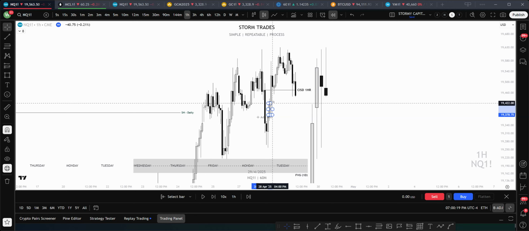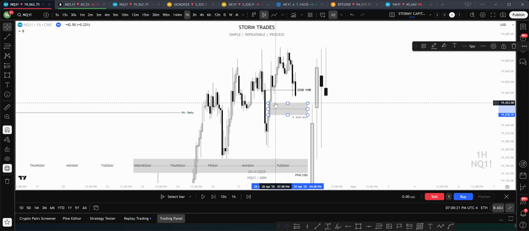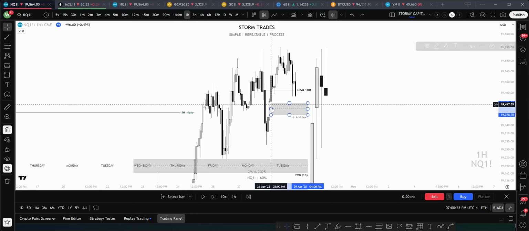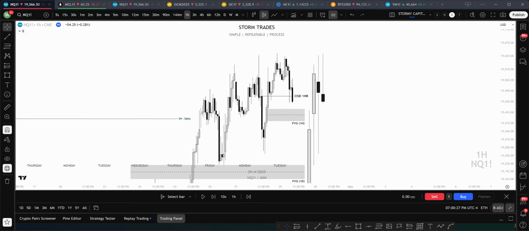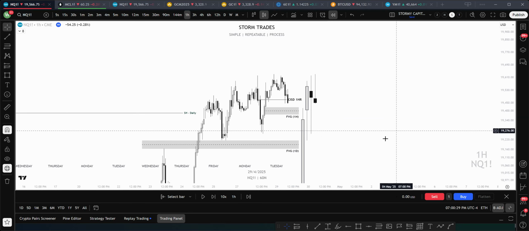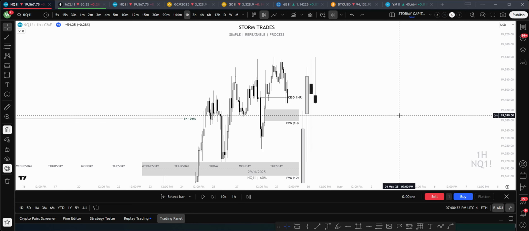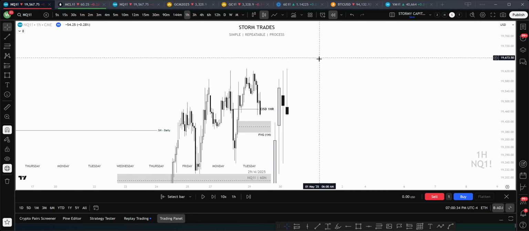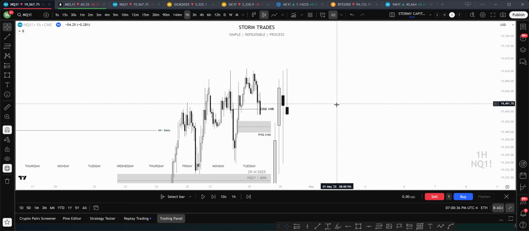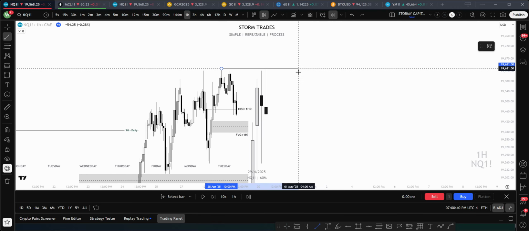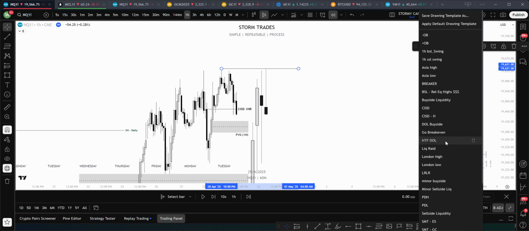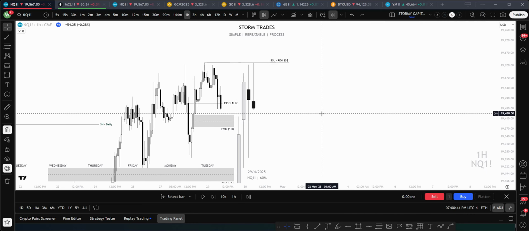Here's an unmitigated hourly fair value gap right here. And we have some relatively equal highs above. Okay.